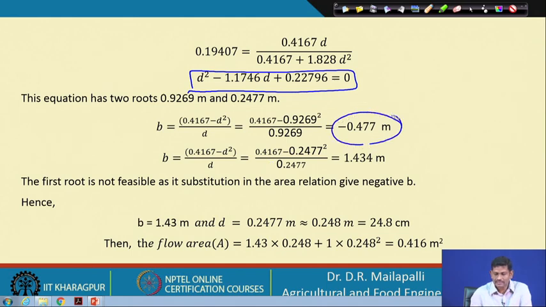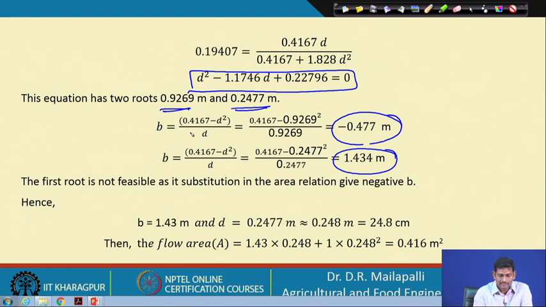So, one is minus 0.477 and 1.434, this is negative and positive. So, since it has two roots, that is 0.9269 and 0.2477.